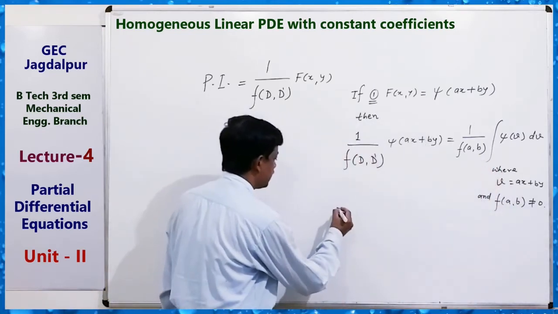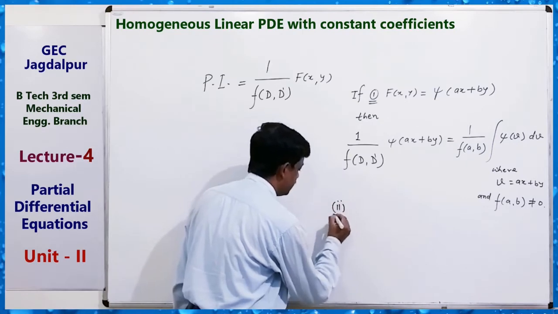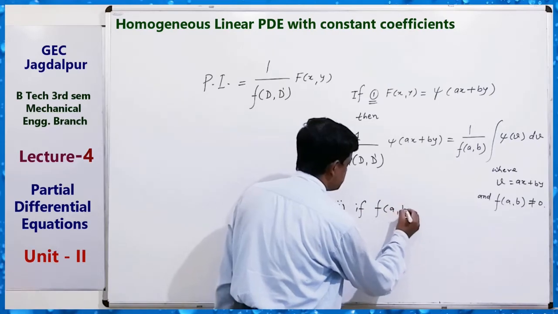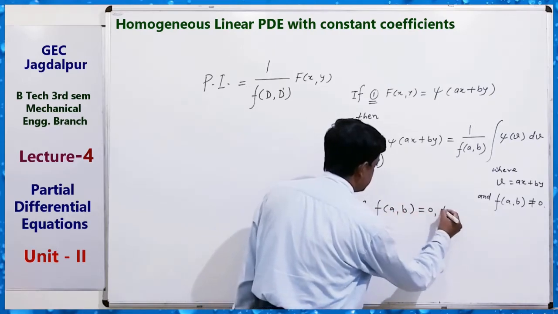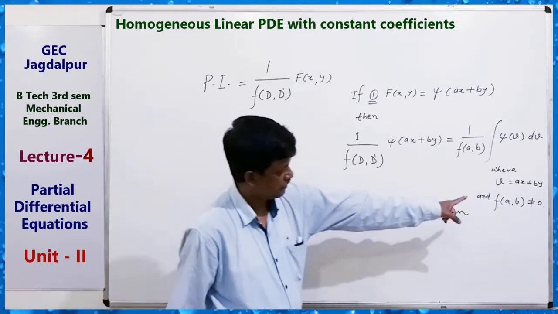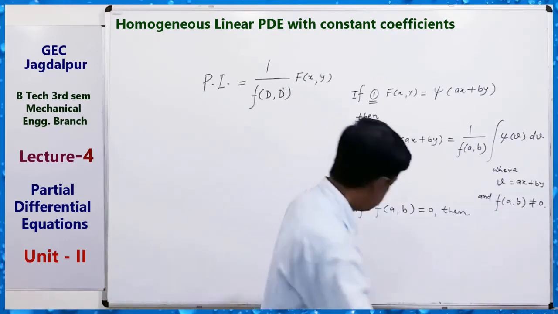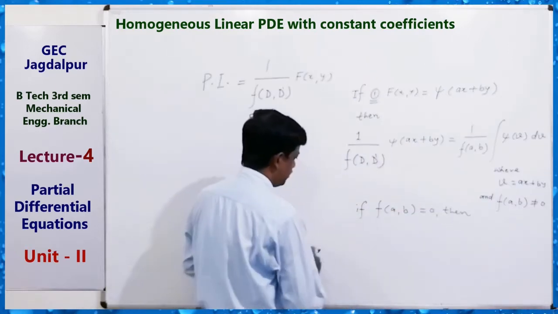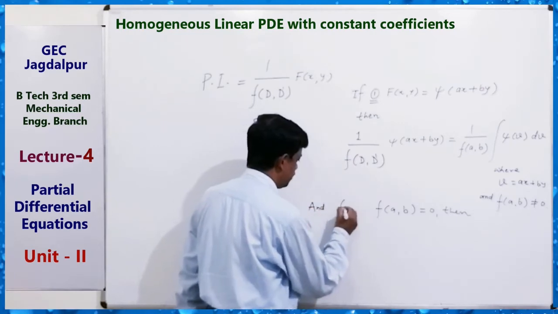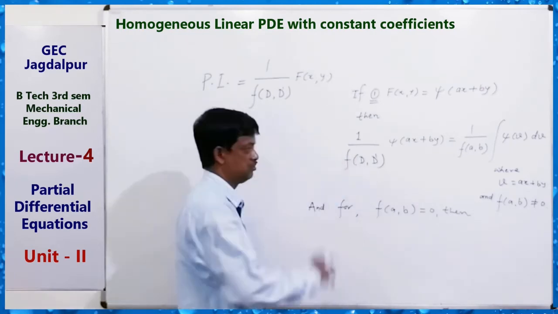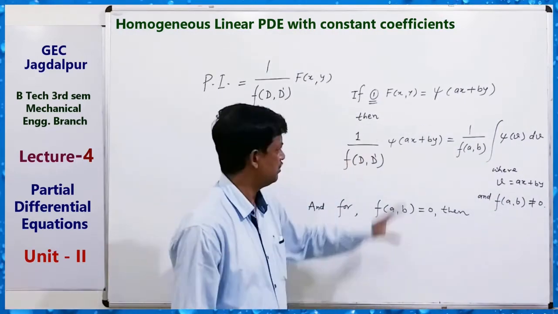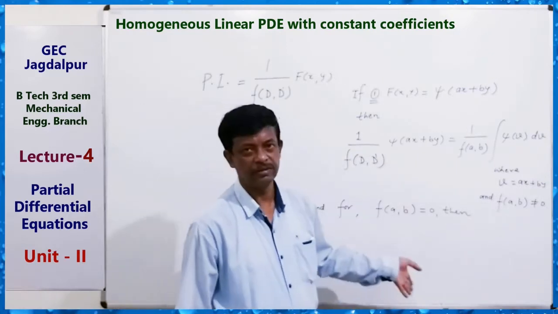And second, if f(a,b) equals 0, then you can repeat this one by one.